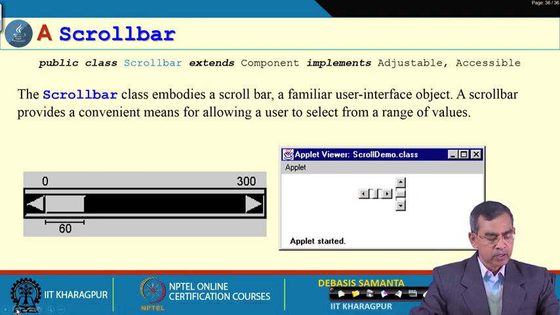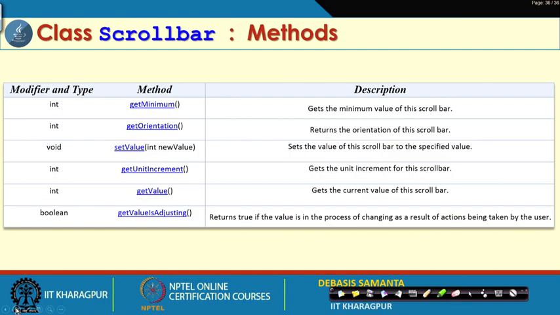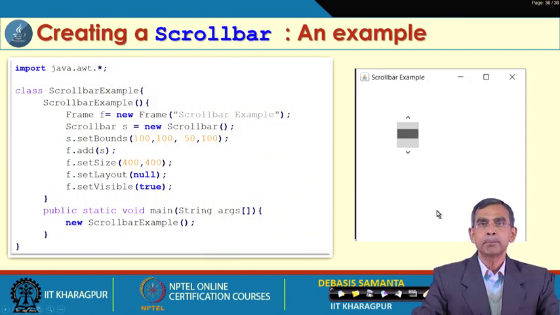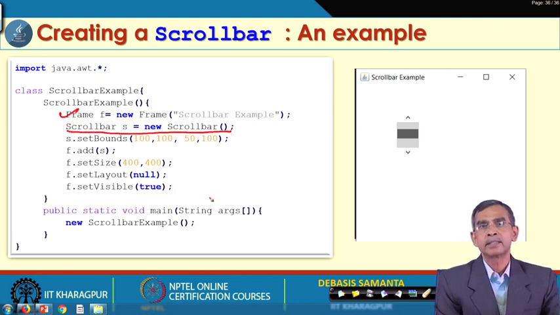Now, let us see how the scroll bar can be created. For this there is a class called the Scrollbar class in the AWT package. It has 3 constructors and a few methods, and this example shows how a vertical scroll bar can be created. Here is the frame, as usual, and Scrollbar is the class by which a scroll bar object can be created.